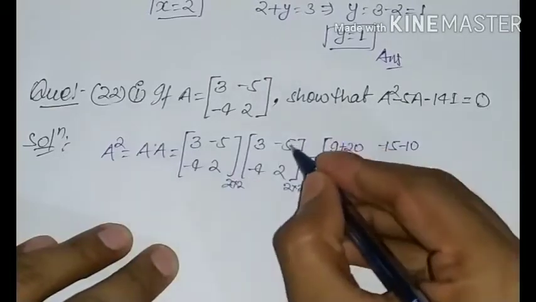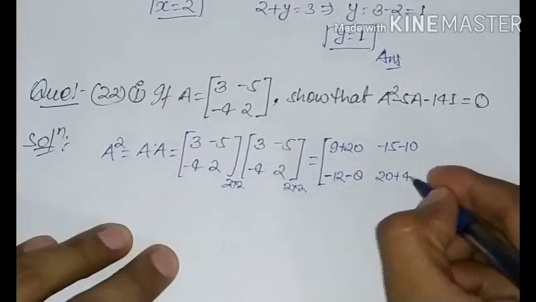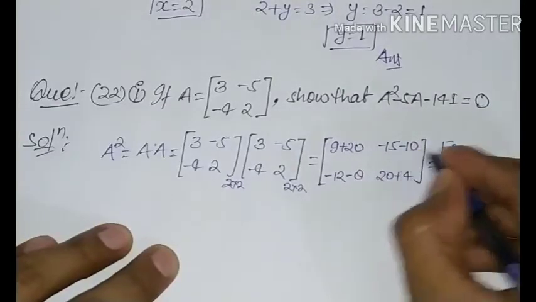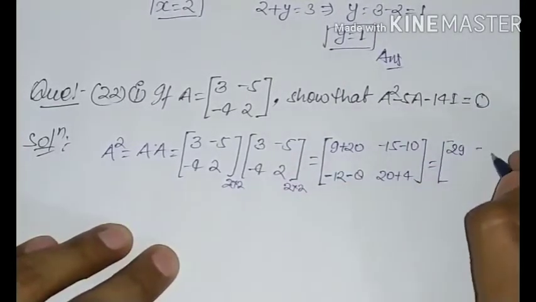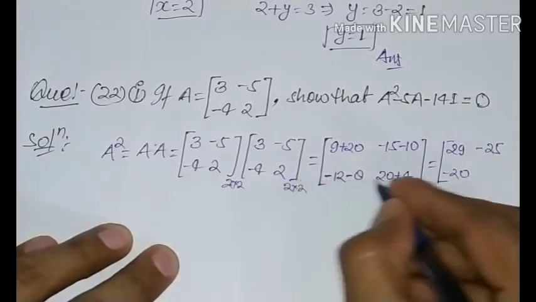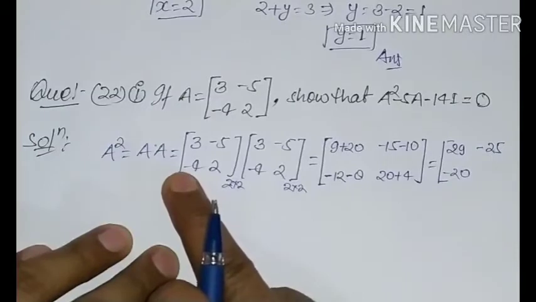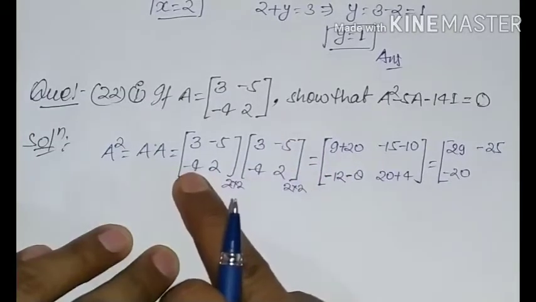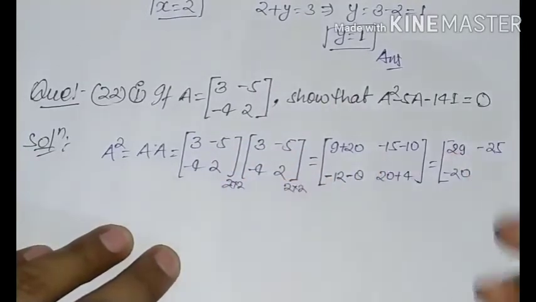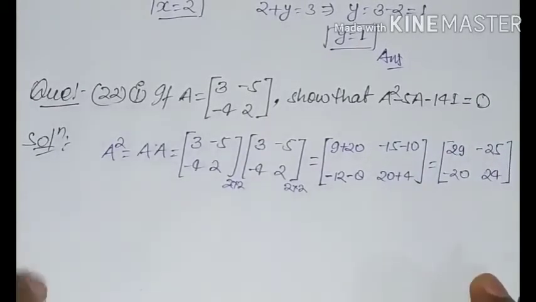Second row and second column: minus 4 into minus 5 is 20, and 2 times 2 is 4, so it will be 24. The value of A square will be 29, minus 25, minus 20 and 24. This is correct. This is the value of A square.